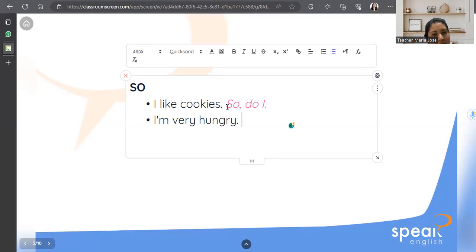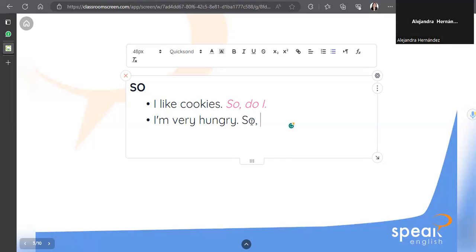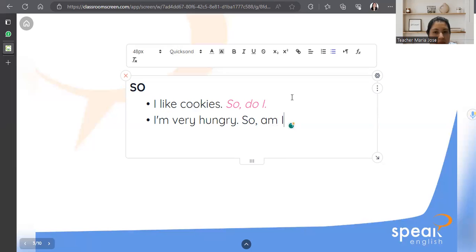And what is the answer to agree with this information? What is the verb that you use here? The verb to be. So am I. Okay, very good.